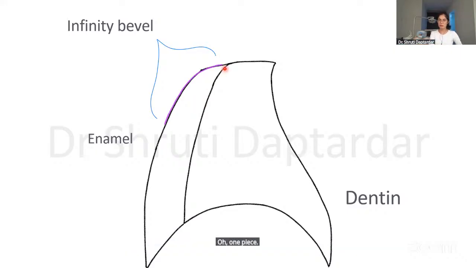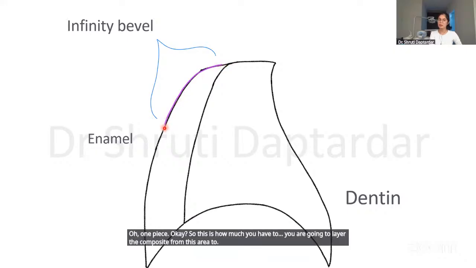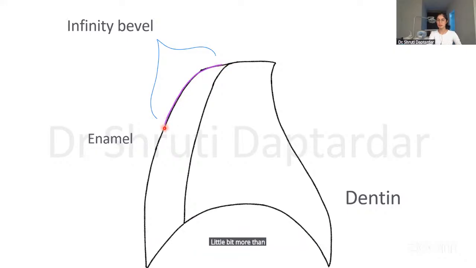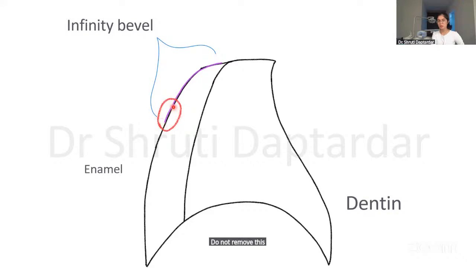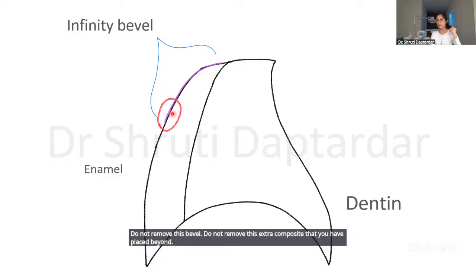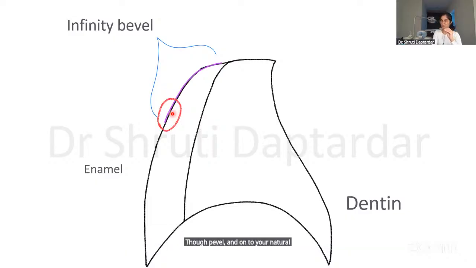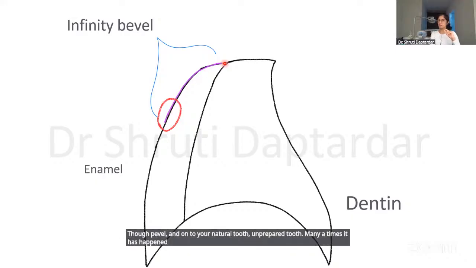Okay, so this is how much you are going to layer the composite, from this area to a little bit more than your infinity bevel. So when you're finishing and polishing, do not remove this bevel. Do not remove this extra composite that you have placed beyond the bevel and onto your natural, unprepared tooth. Many times it has happened that before finishing and polishing everything is even and looks very good.